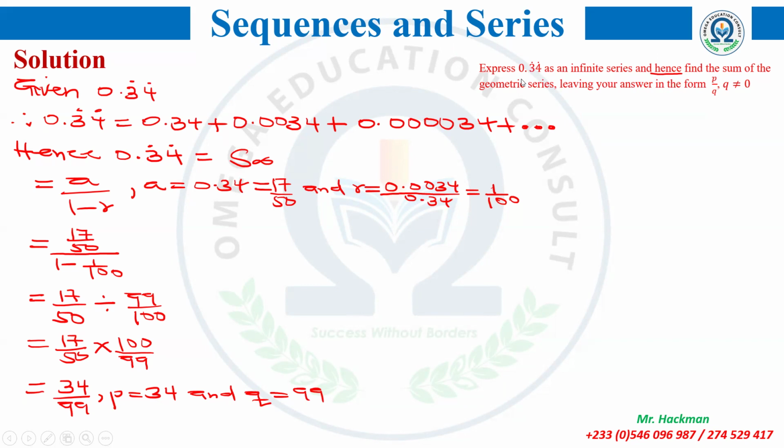Anytime you see hence, it means there is a previous result or a previous conclusion drawn. If it was "hence or otherwise", then you can use your previous results or any other means possible to generate your geometric series, its sum in this form. But because "hence" is one way, one direction, use the previous results and conclude with hence as well.